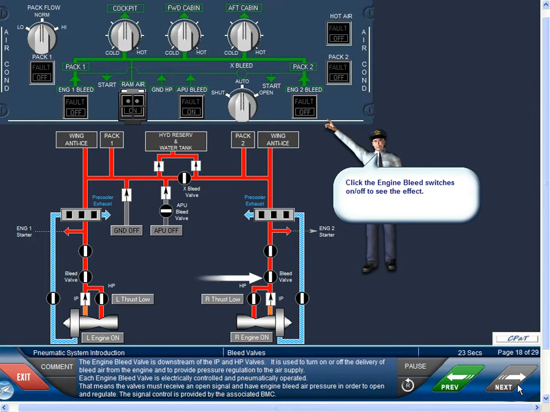It is used to turn on or off the delivery of bleed air from the engine and to provide pressure regulation to the air supply. Now, each engine bleed valve is electrically controlled and pneumatically operated. That means the valves must receive an open signal and have engine bleed air pressure in order to open and regulate. The signal control is provided by the associated BMC.